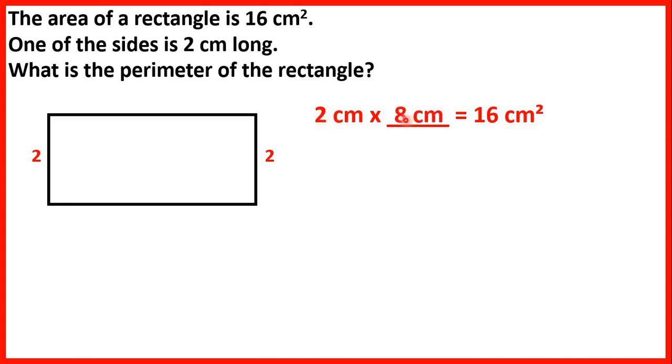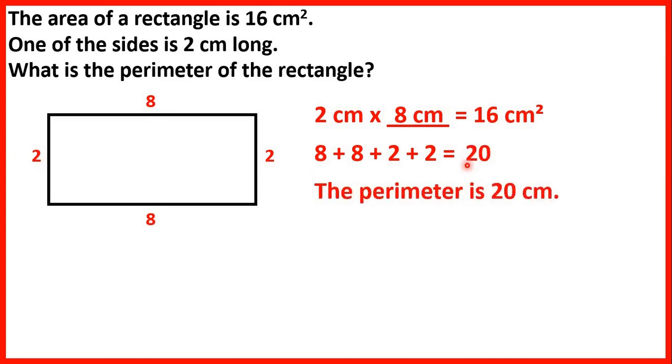Well, 2 times 8 is 16, and that means the length of our rectangle must be 8 centimeters. So 8 plus 8 plus 2 plus 2 is 20, which means the perimeter is 20 centimeters. Notice area is given in centimeters squared, but perimeter we just write centimeters.